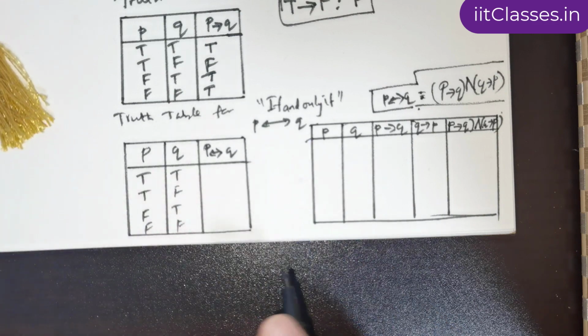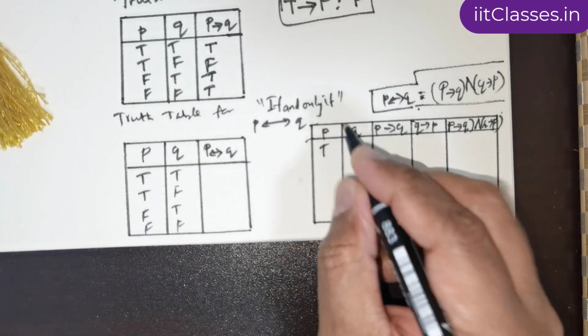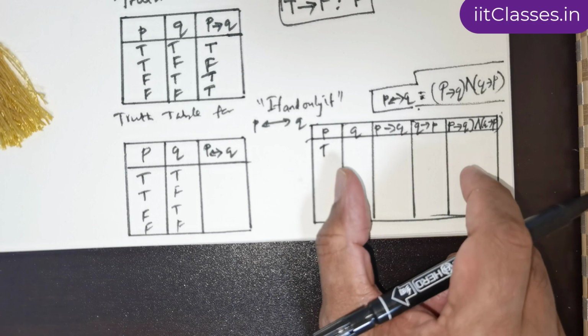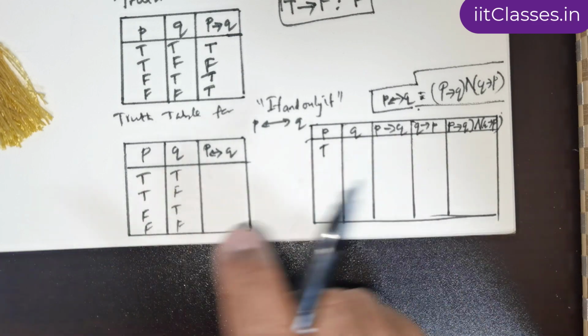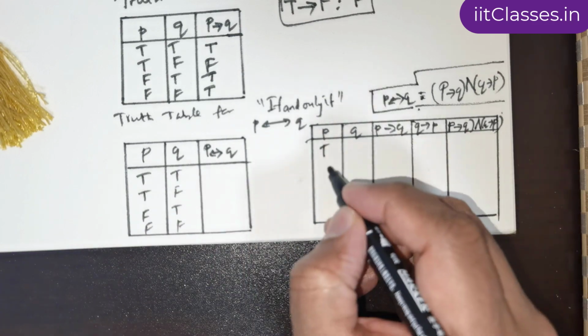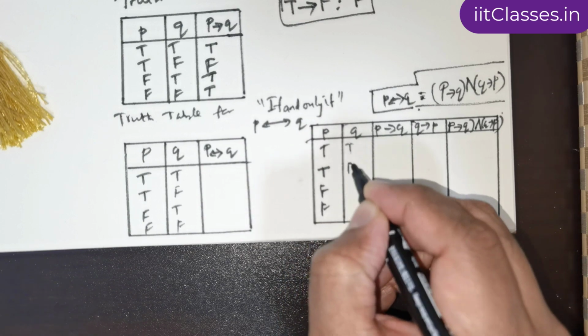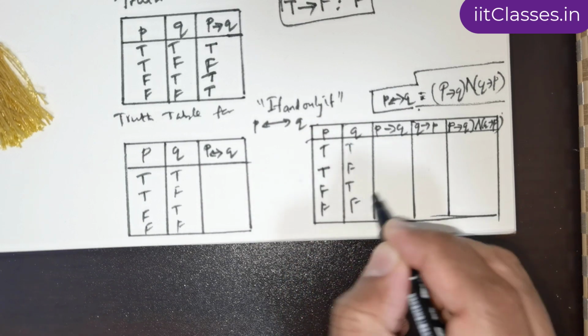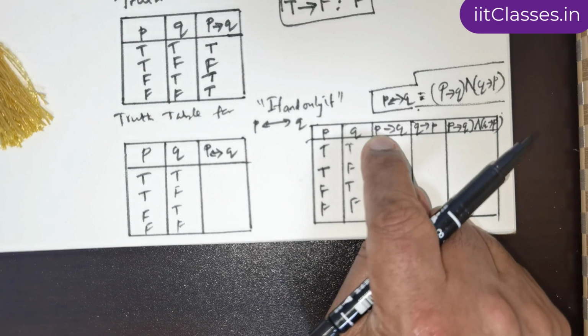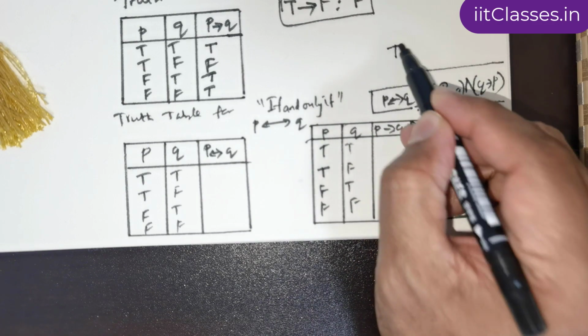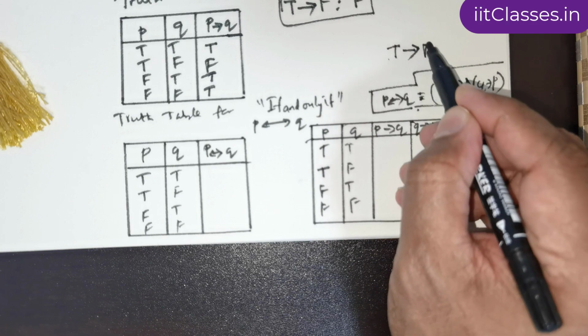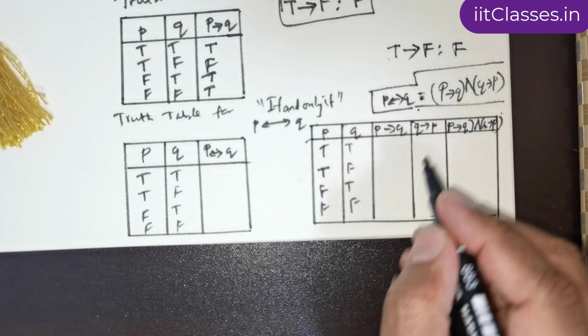Now before I put in the information here, let me show you how exactly the values are obtained for biconditional statements. So this is going to be T, T, F and F, T, F, T, F. P conditional Q. I already told you, if you get something like this, T going on to F, then the outcome is going to be F. So look for that.